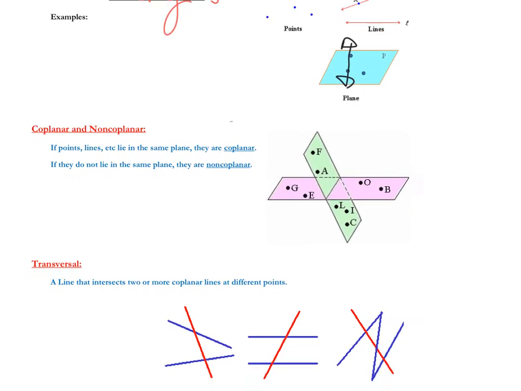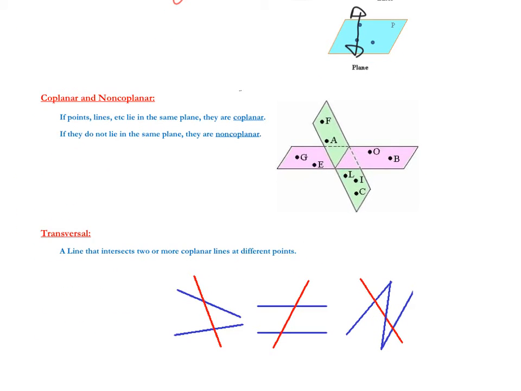Just a refresher, coplanar and non-coplanar. So coplanar is any points that lie on the same plane.